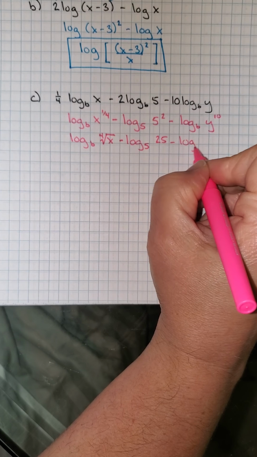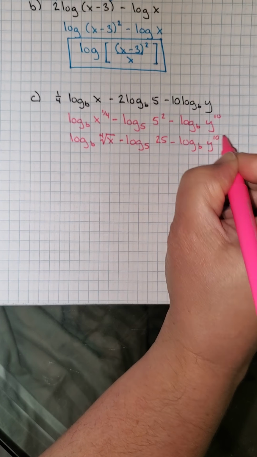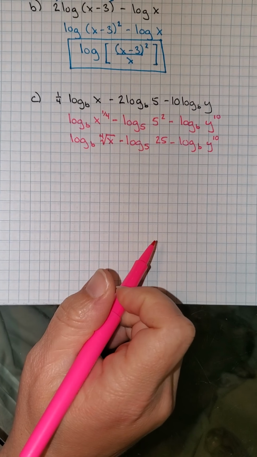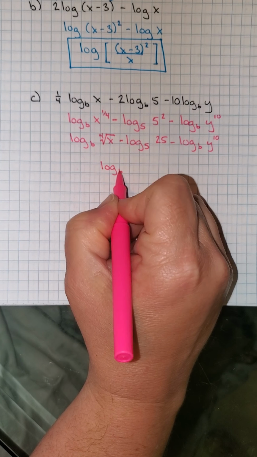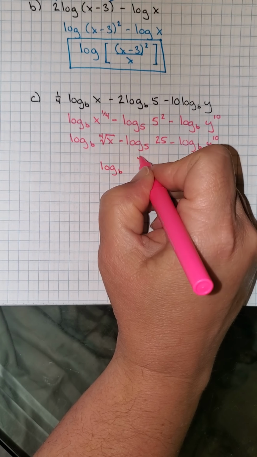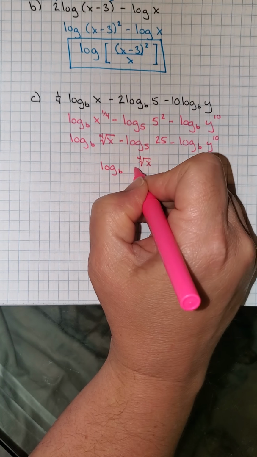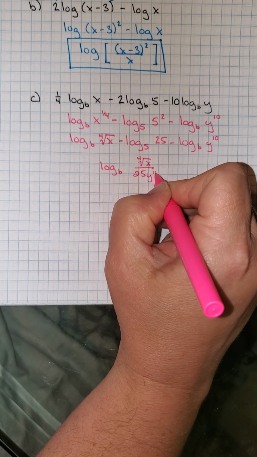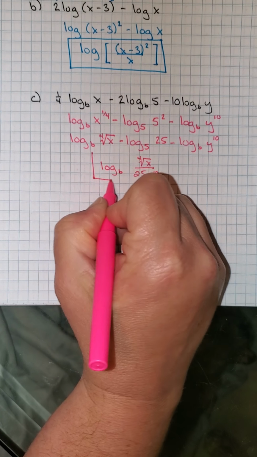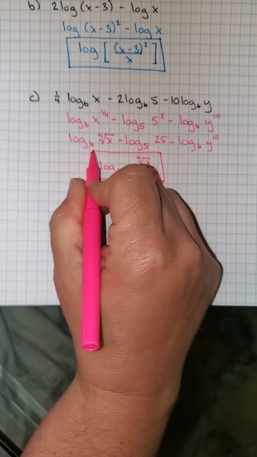And this one just stays. All right, now I'm ready to squish it all together. So we have log base b of the 4th root of x over the 25 and the y to the 10th. It's much neater when it's all written in just one log.